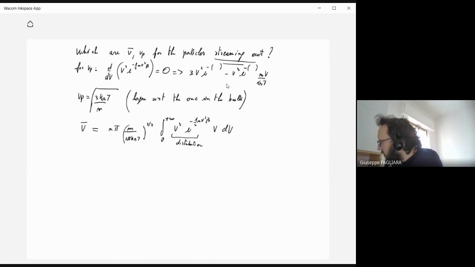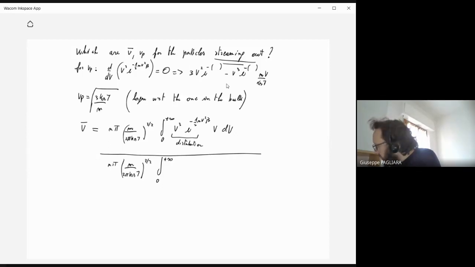Then I have a dV, and in the denominator I have a normalization, which is n pi m divided by 2 pi kBT to the power of 3/2, then the integral from 0 to infinity. Well, this is actually the total flux, which was V cubed exponential of minus V squared beta, and then dV here.